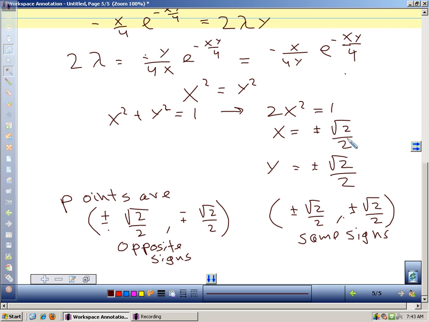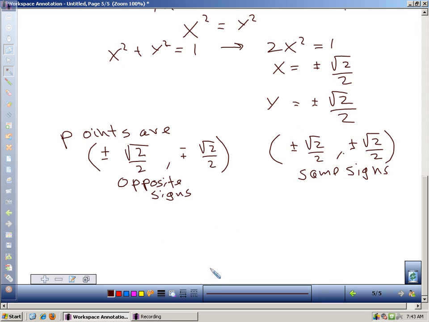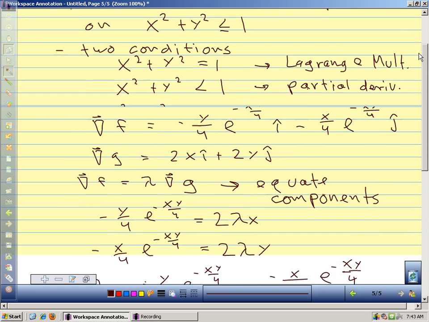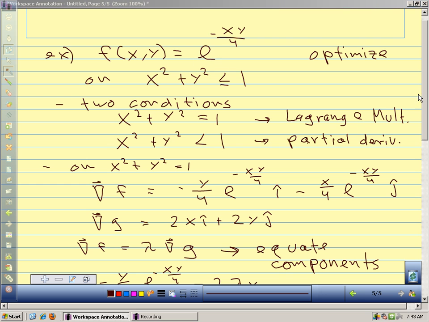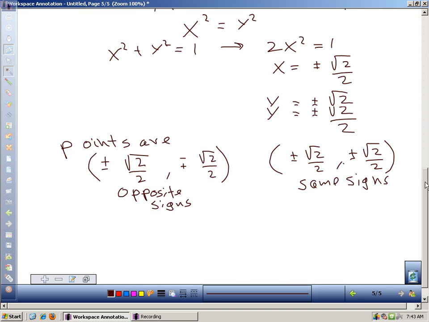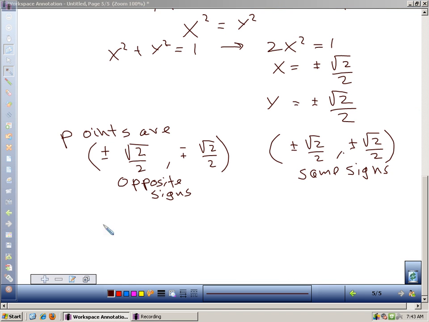If we run this through, we find that we have all four of these possibilities. We have when x and y are opposite signs and when x and y are both the same sign. And when we plug this x and y back into our objective function, I get that f equals e to the 1/8, which is approximately 1.1331.